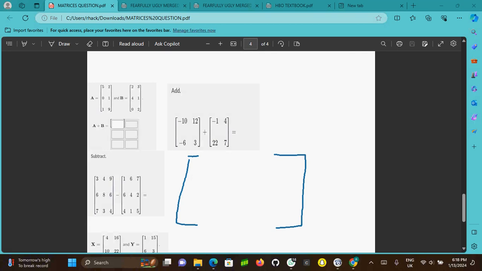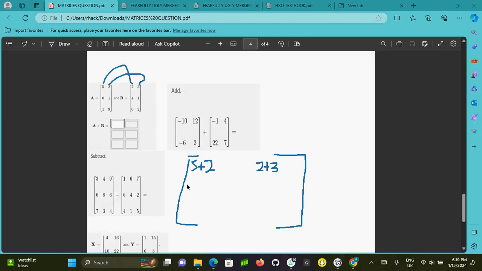So now 5 will be added to this 2, right? Yes. So 5 plus 2. And then this 2 will be added to this 3, right? Yes. So 2 plus 3.